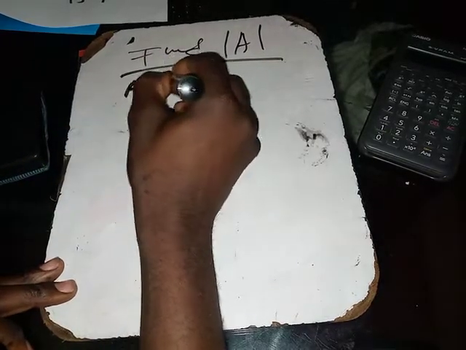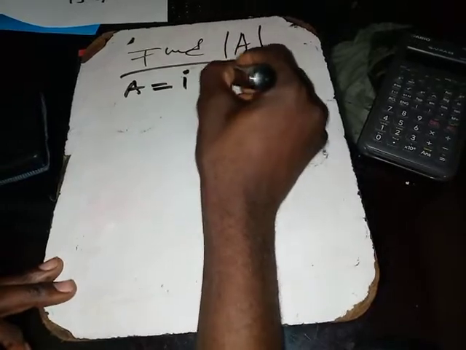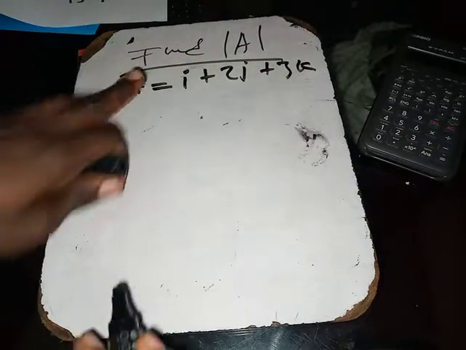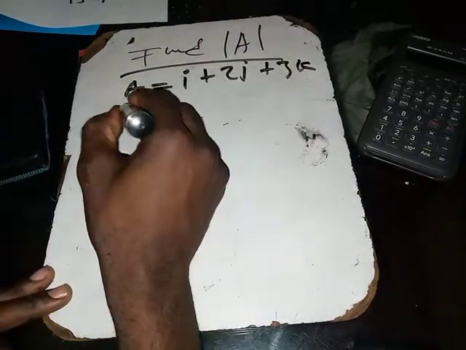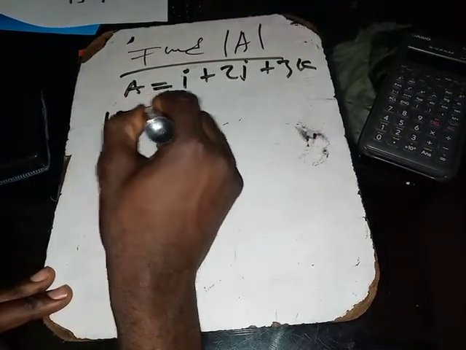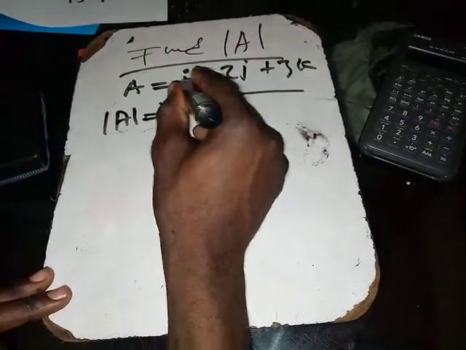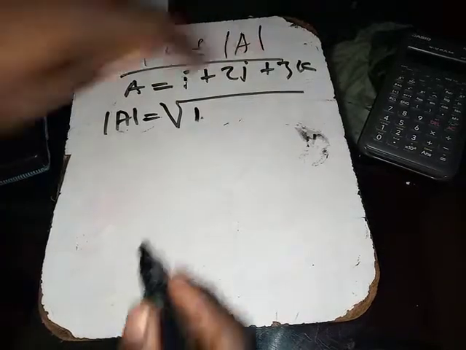Let's proceed. From that formula, we find the magnitude of A step by step. A is given to be i plus 2j plus 3k. This is our A, so its magnitude is the resultant. The magnitude of this is equal to the square root of 1 squared plus 2 squared plus 3 squared. Here you get the coefficients also: 1, 2, 3.